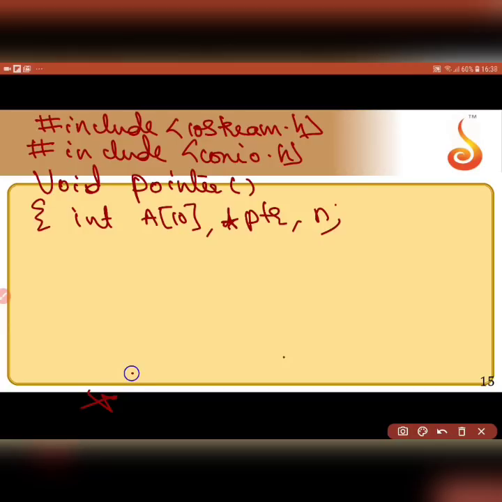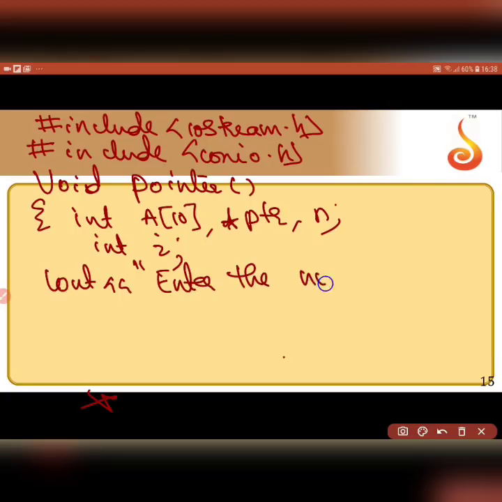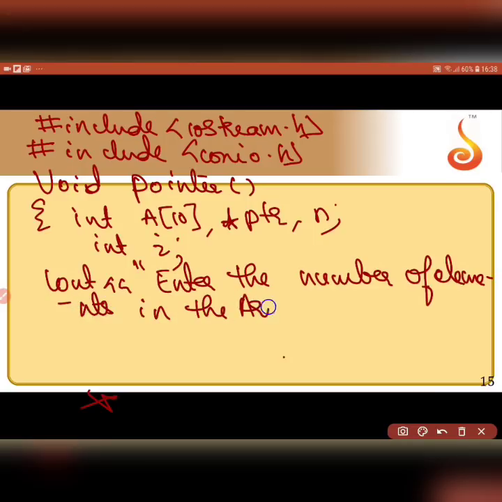And let me say int i also is there. Then the first thing is I need to ask the user to enter the number of elements in the array. cout "Enter the number of elements in the array".